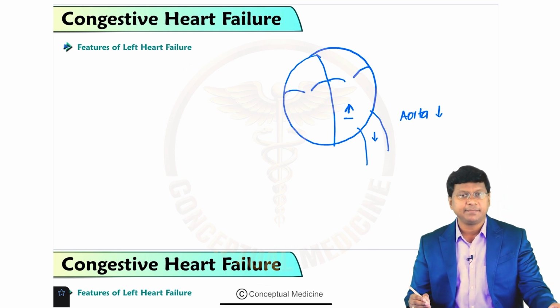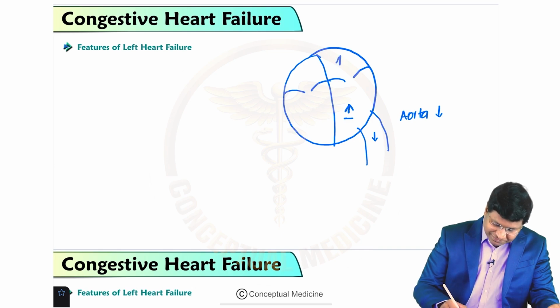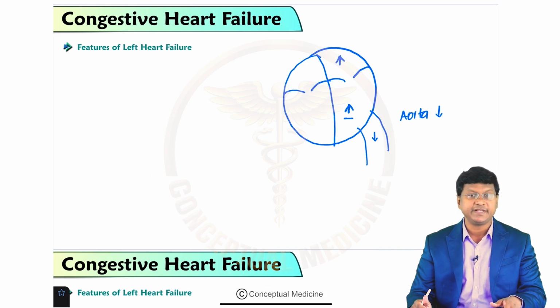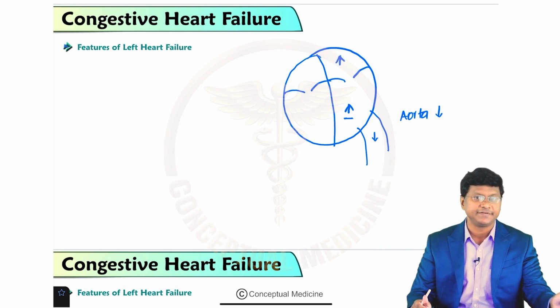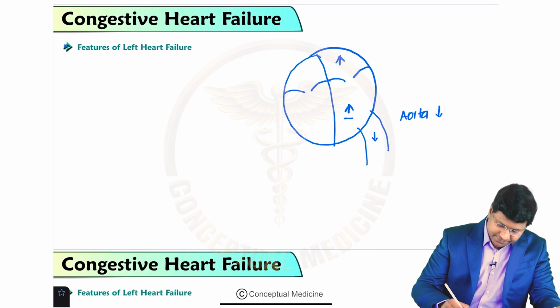As the pressure within the left ventricle increases, subsequently there will be an increase in the pressure within the left atrium. As the pressure within the left atrium increases, the pressure within the pulmonary veins also increases.